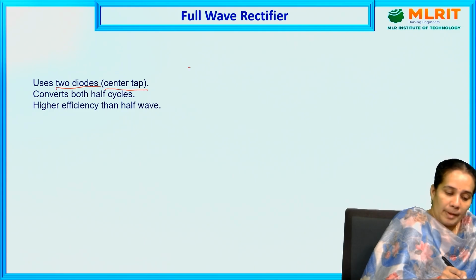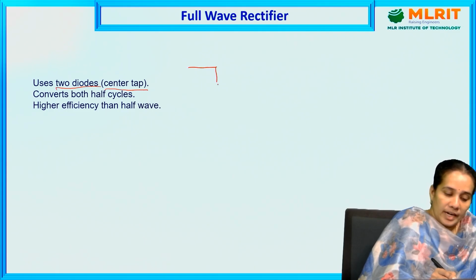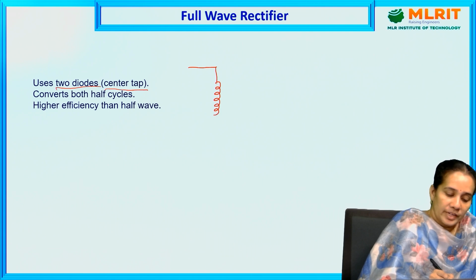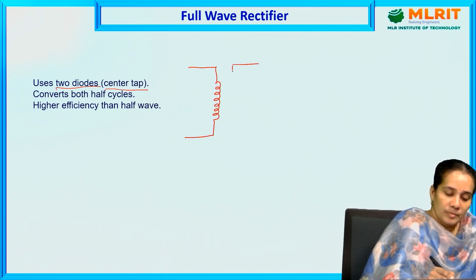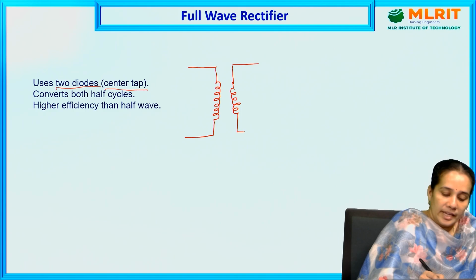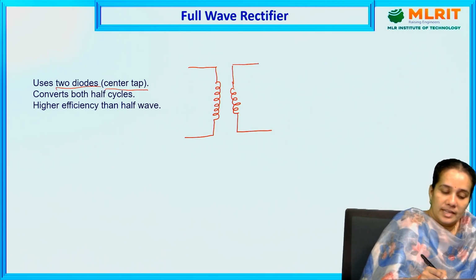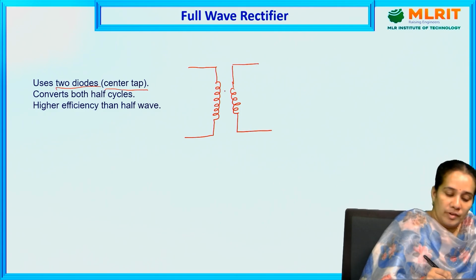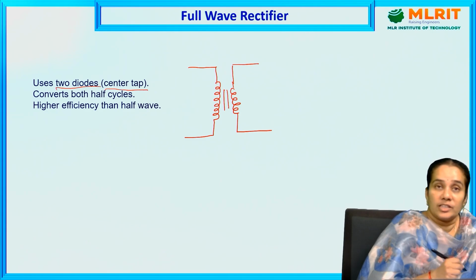Same as the half wave rectifier, it also consists of a transformer. Here also we take only the step down transformer. In the step down transformer, the number of windings in the primary winding is greater than in the secondary winding. And in the full wave rectifier, we are considering two diodes.